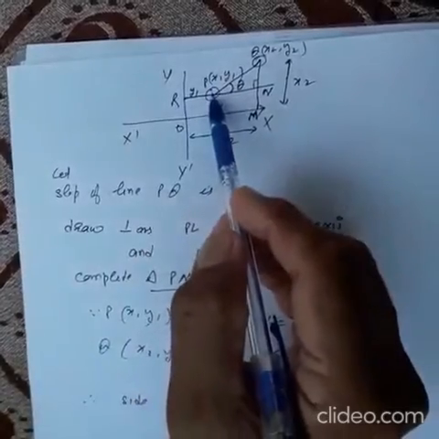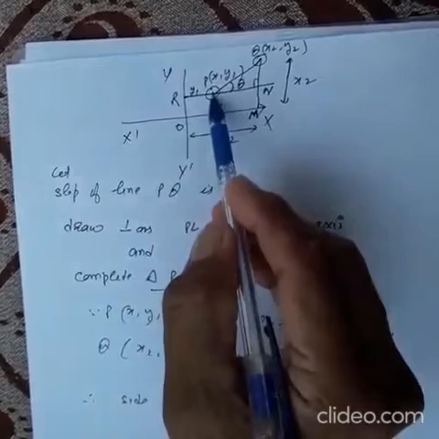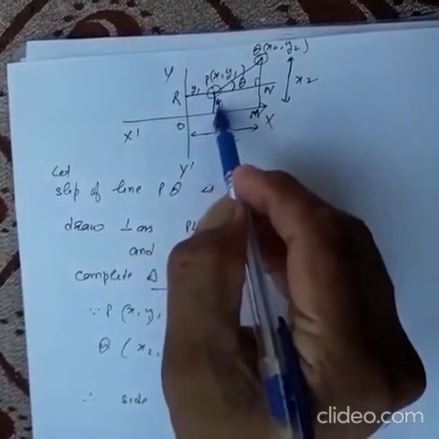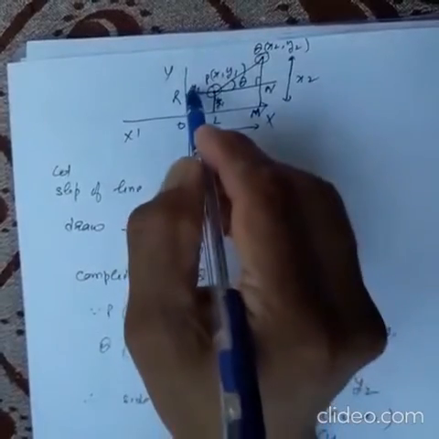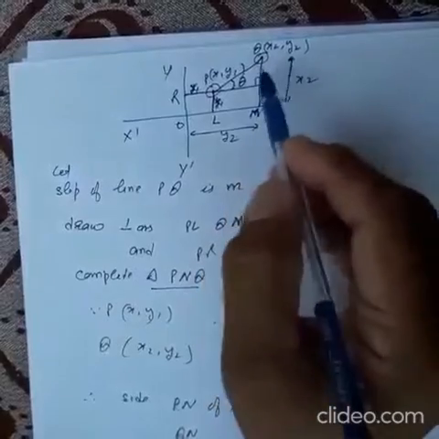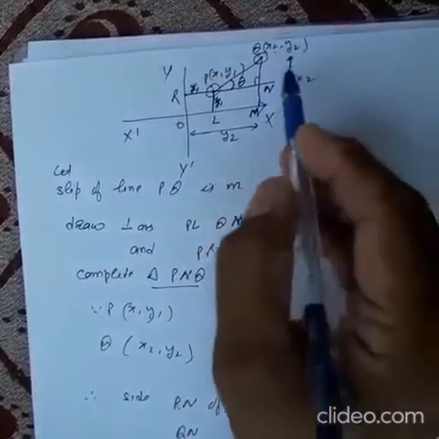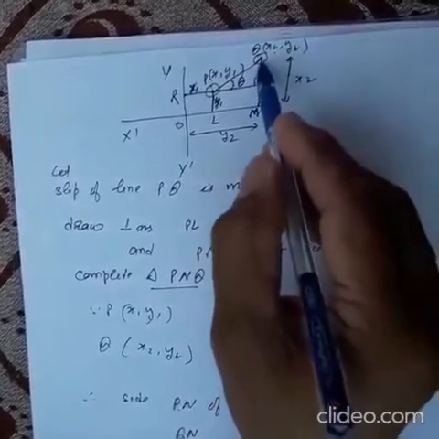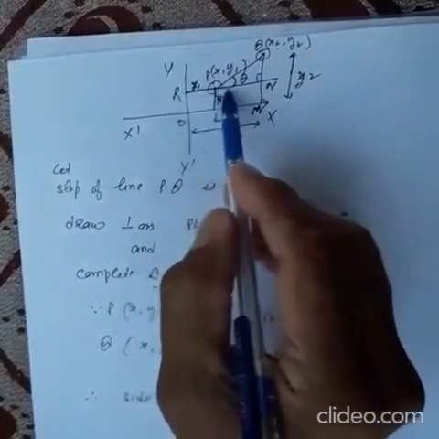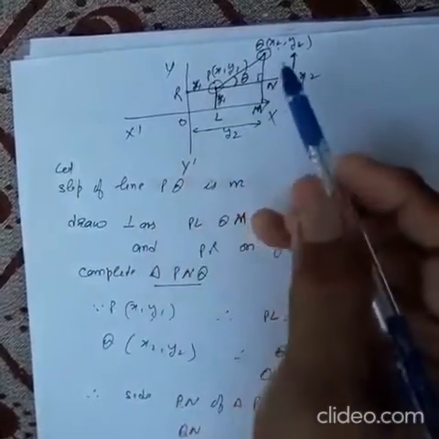If the coordinates of point P are x1 and y1, it means this distance is y1 and this distance is x1. Similarly, for point Q the coordinates are x2, y2, so this distance is y2 and this distance is x2.